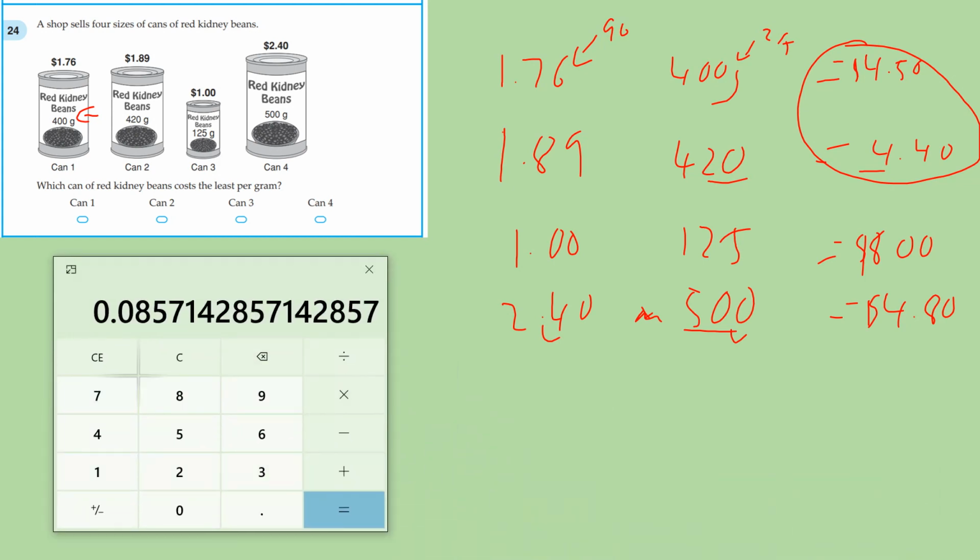But I'll just show the correct answers for all of them. $2.40 divided by 0.5, because that's what a kilo is. So $4.80. $1 divided by 0.125. $8 a kilo. $1.89 divided by 0.42. $4.50.